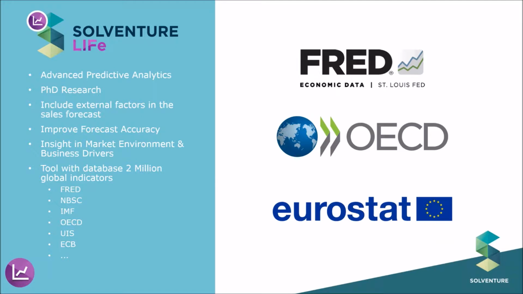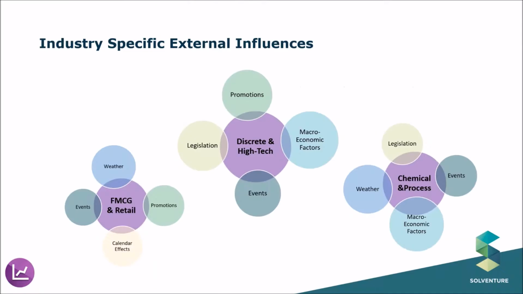We also have data from the OECD, which is more global, Eurostat, that's of course from Europe, but we also have data from China, and we can also tap into private data providers. So up till now we have more than 2 million global indicators, and what we will do is we look for which of these indicators are important for you and how are you going to take them into account when you do your sales planning.